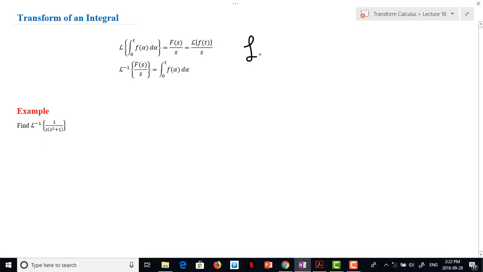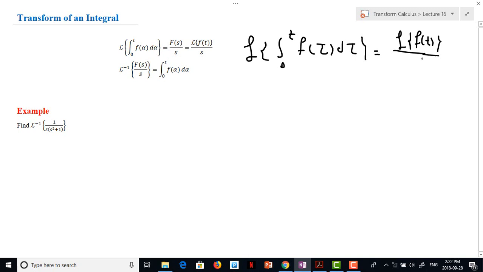In fact, the Laplace transform of the integral from 0 to t of f(tau) d tau is equal to the Laplace transform of f(t) over s. That is the notation of your textbook.